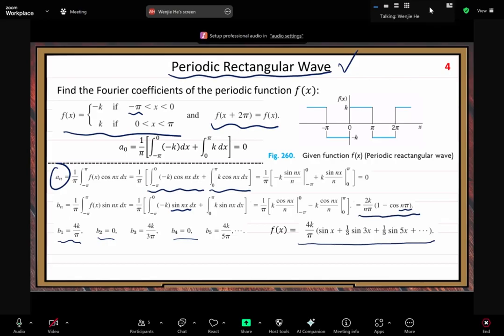Interesting. Going back to early history, people felt, how can you represent a function like this using cosine functions? We know the cosine function is very smooth, the curve is so smooth. But this function is not smooth.